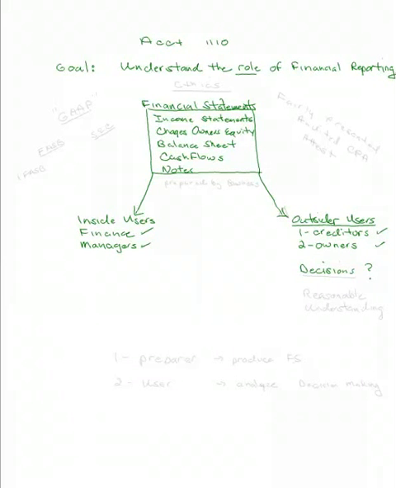These financial statements are prepared for outside users with the idea that they have a reasonable understanding of the rules financial statements are made under. And these rules are called generally accepted accounting principles, and we'll refer to them throughout this course as GAAP.